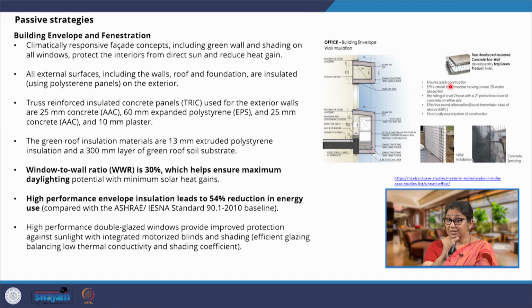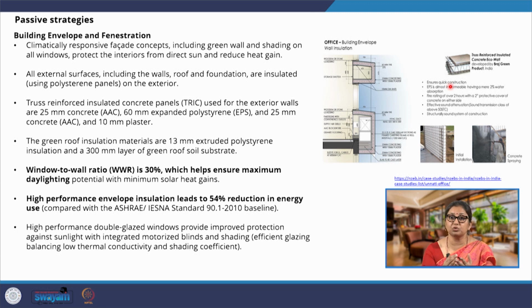Then once the design has been done properly, next they have come to building envelope and fenestration. So, this was about the plan, and then we come to the envelope. So, fenestration, window wall ratio has been limited to just 30%. If you look at ECBC, what we have seen is that 40% is the optimum.